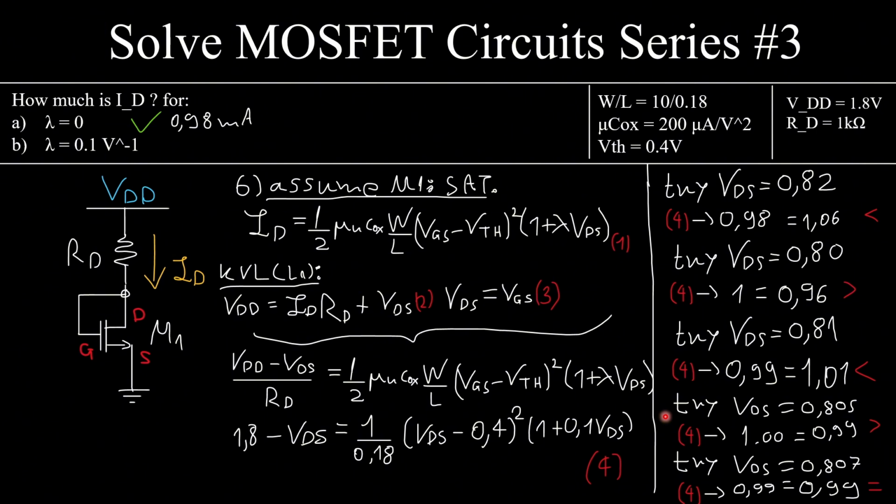But if it doesn't, we have to pick a reasonable value, all right? I pick 2 decimals for now, and to make this solution much faster. I could keep going on and on up until I have 3 decimal accuracy. All right, now I have a value for the VDS, which gives me a reasonable accuracy.